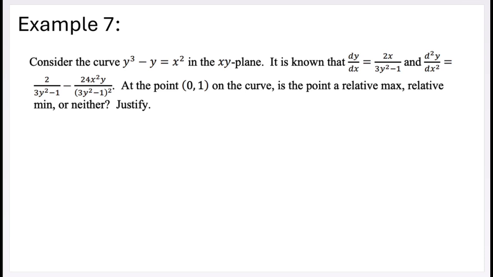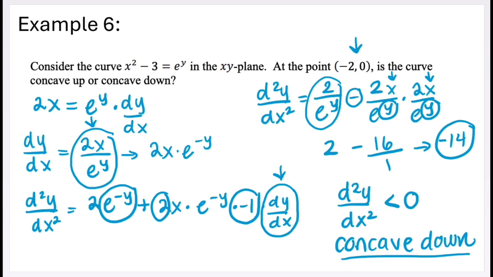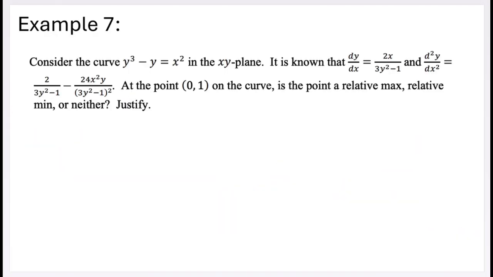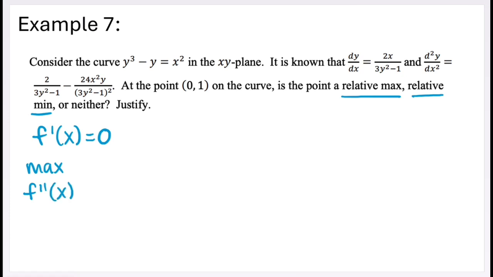So if it's a relative max or a relative min, the first derivative must be equal to 0. And then if it's a max, the second derivative has to be concave down, so it needs to be less than 0.